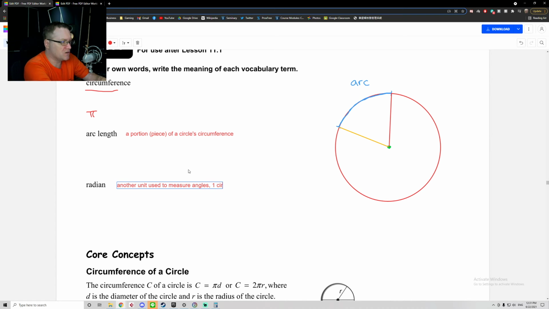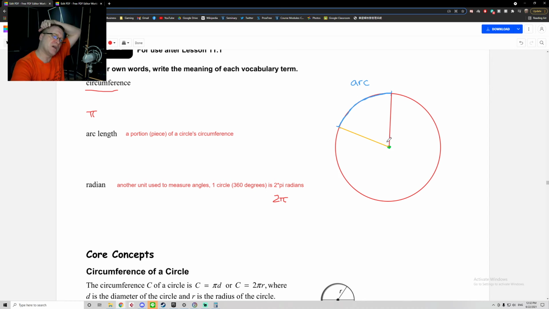One circle, which is 360 degrees, is 2 times pi radians. 2 pi radians. So one circle is 2 pi radians.